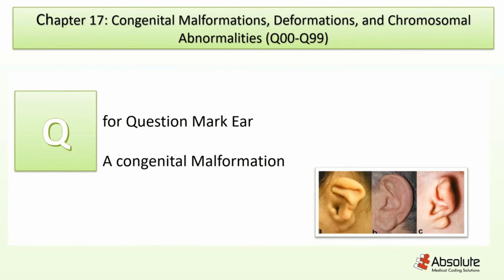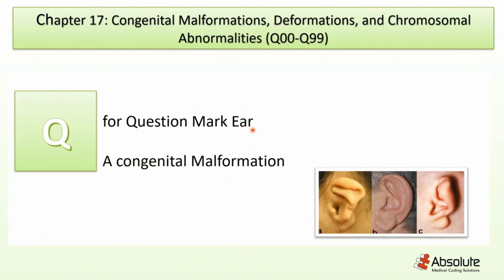All right, Chapter 17 category codes begin with the letter Q. In Chapter 17, you'll find conditions that are housed under congenital malformations, deformations, and chromosomal abnormalities. When we think of these conditions, we think of question mark ear.